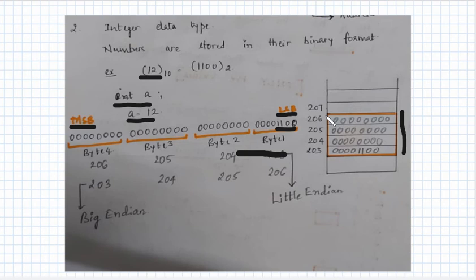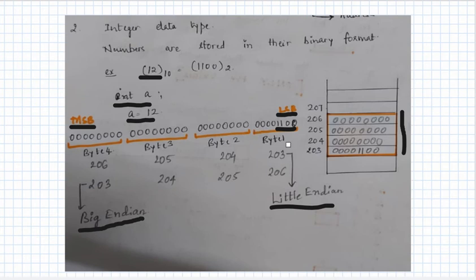Now let us understand one more concept here, that is the little endian and big endian way of storing an integer number. It all depends upon the architecture. As I was telling you, 4 bytes are addressed, they have the addresses 203, 204, 5 and 6.